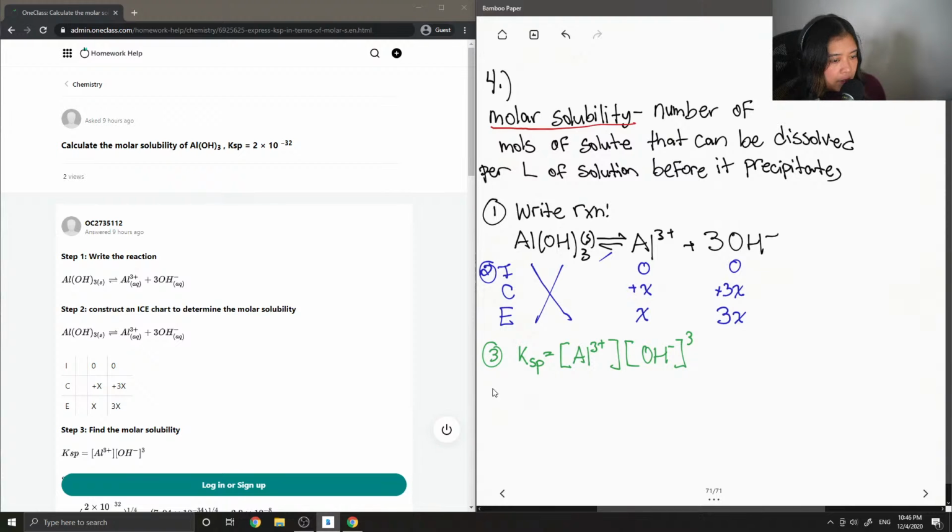And the Ksp was given in the question. It is 2 times 10 to the negative 32. And if we subbed in our X values as the concentrations, we end up getting the following. Okay, so now we just need to solve for X.